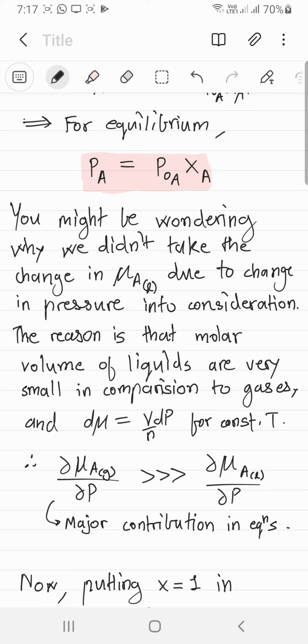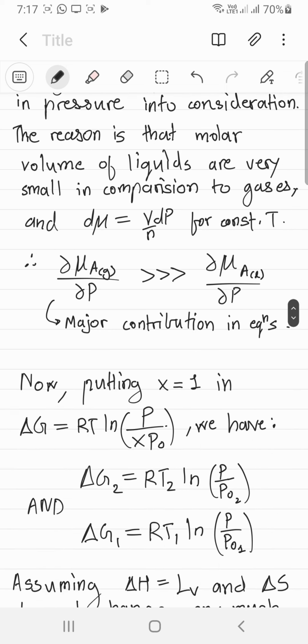It's the molar volume that you should consider. So the major contribution is only because of the change in the chemical potential of the gas phase because of pressure, and for the liquid, the major contribution is because of the change in concentration.